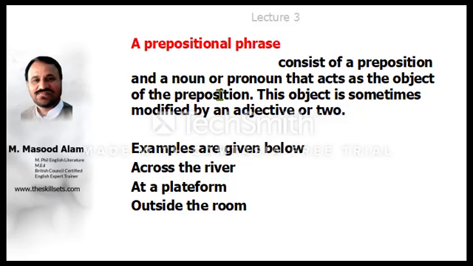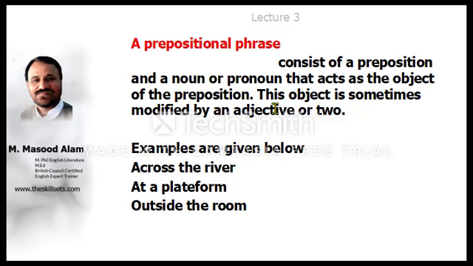So these two things: a preposition, number one, and a noun or pronoun, and that noun or pronoun should act as the object of that preposition. This object is sometimes modified by an adjective or two, and I will give you an example of how an adjective comes between the preposition and the noun.